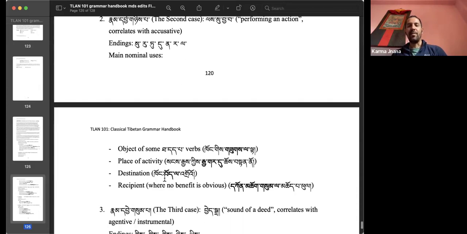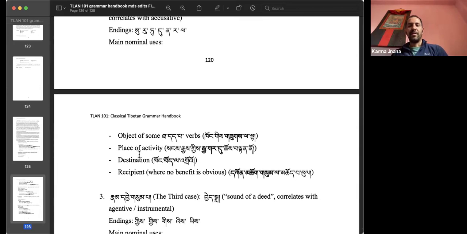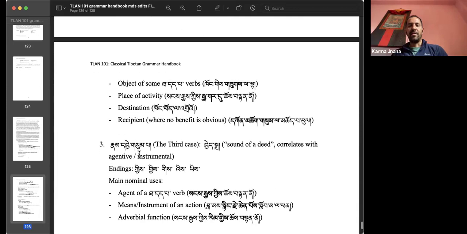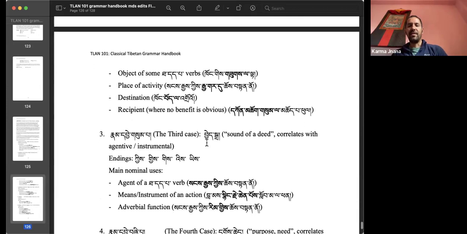Pela Kong Pela to. The third case is the agentive particle, basically.